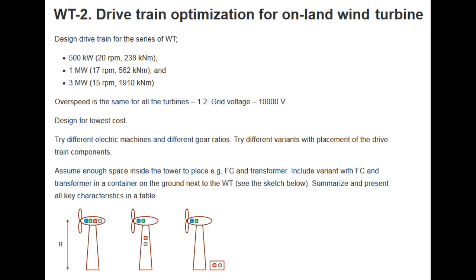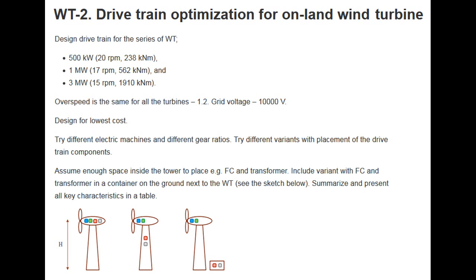So the tower height is 100 meters, it's the same for all the 3 turbines, and we can place all the components inside the nacelle, so including the frequency converter and the transformer, and have just the high voltage cable going down the tower of the turbine. And we also need to know that the powerhouse or the grid is located 200 meters from the turbine. It's like a substation, so we have to take this into account.